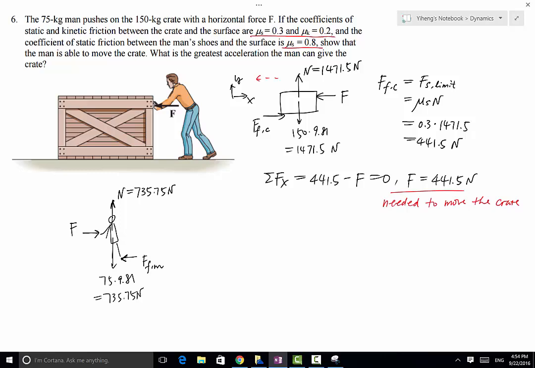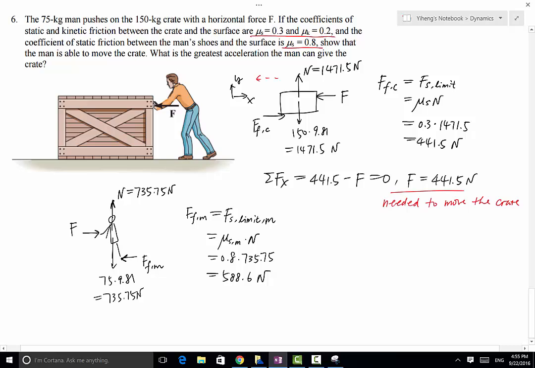In order for this man to move, this frictional force also has to reach the maximum static friction for the man, which equals mu S man times N, which equals 0.8 times 735.75, and that equals 588.6 Newton.